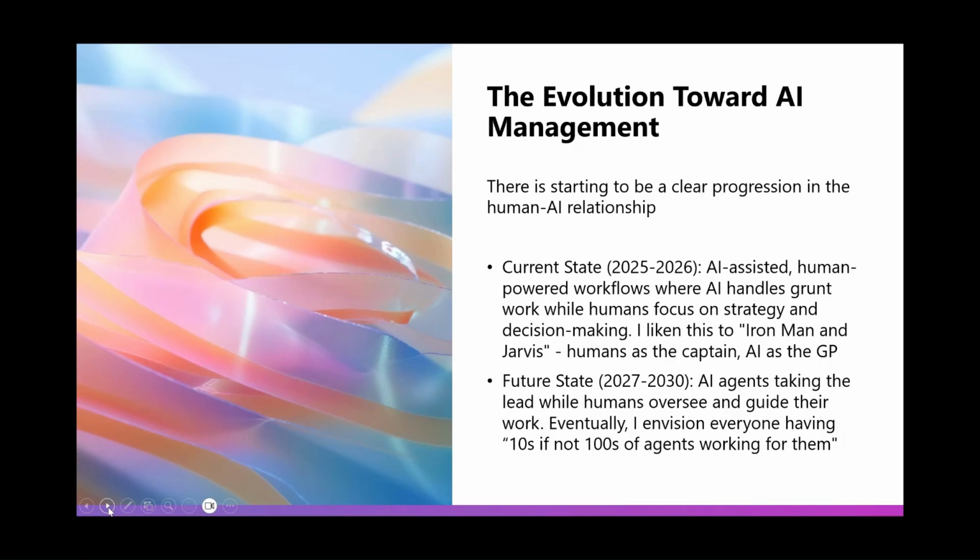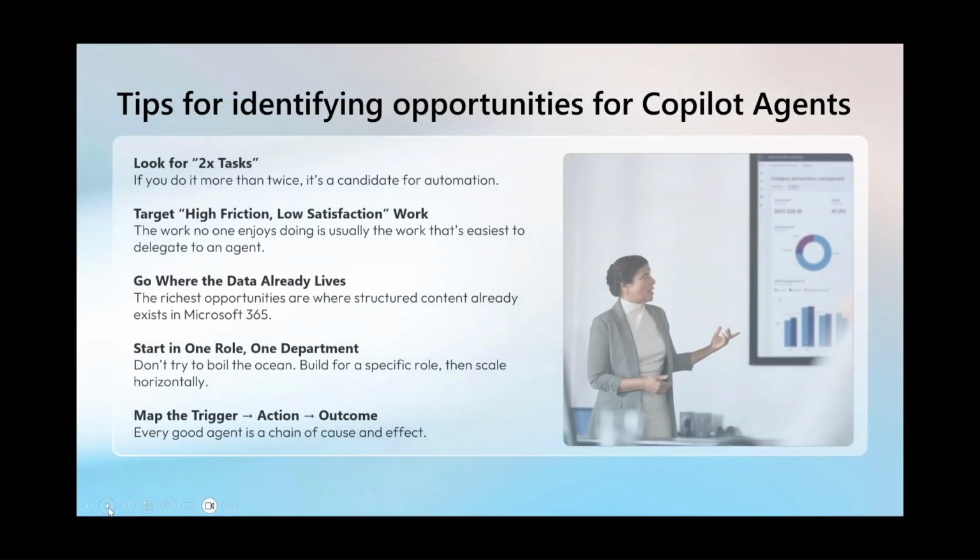Now, in the future, AI agents are going to take the lead while humans oversee and guide their work. Eventually, I can really see everyone having tens, if not hundreds of agents working for them doing different tasks.